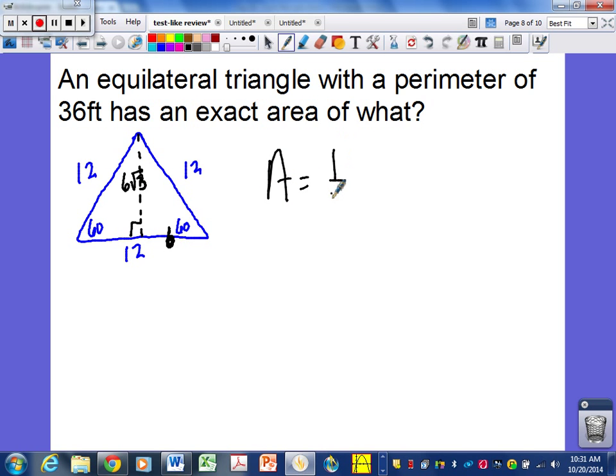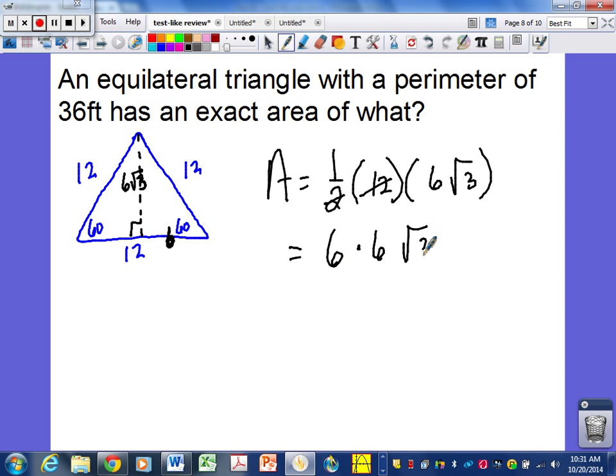So area is 1/2 of the base, which is 12, times the height of 6 root 3. So this is going to be an exact answer. We're not going to put this into our calculator and get a decimal approximation. So 1/2 of 12 is 6. 6 times 6 is 36 root 3 square feet. Okay, this is the exact answer.